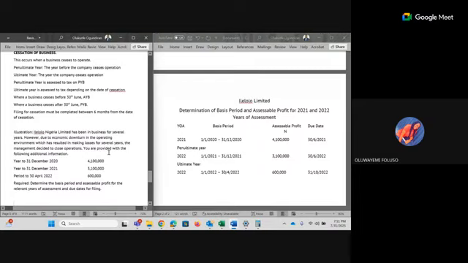The penultimate year is supposed to be 2021, the 2021 accounting year, but by using the tax year, the 2021 actual accounting year will be the 2022 tax year, based on the preceding year basis. Does it make sense? Yes, sir. Thank you, sir. You're welcome.